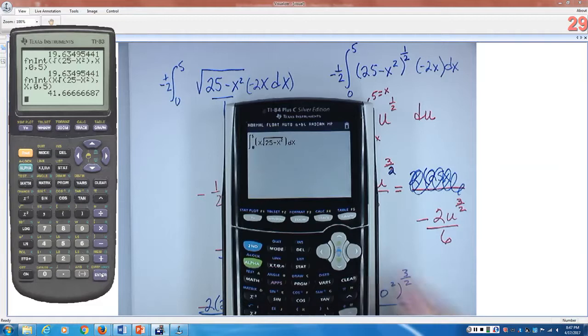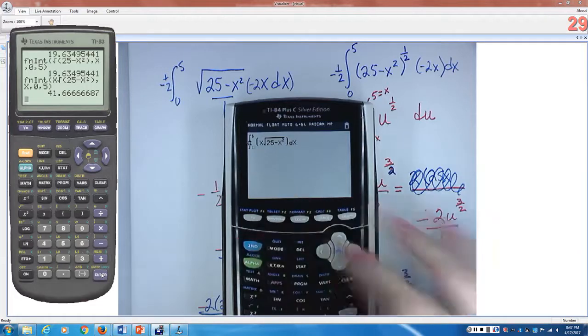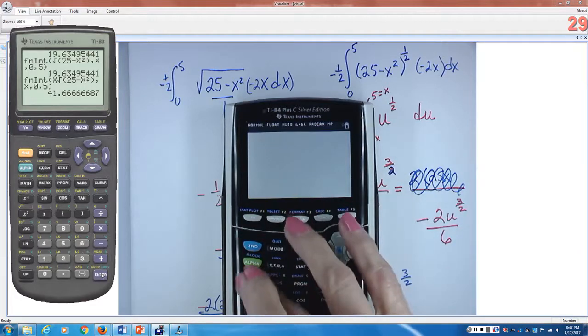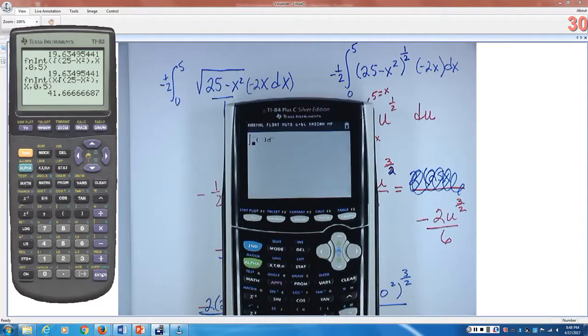So you start out entering the 0. Wait, how did you get all that stuff already up there? I hit second enter on hers. Let me go from the beginning again. So you start out entering the 0. And then put in the 5.